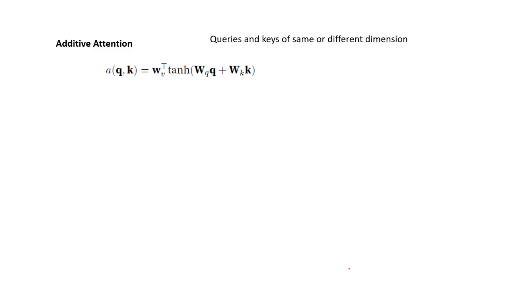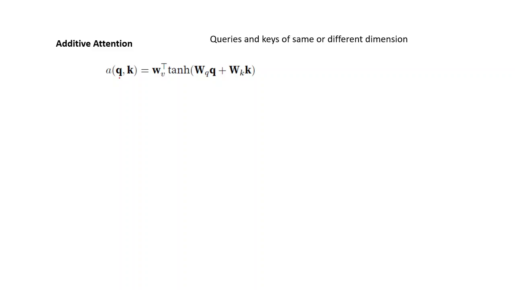Now let us move into the attention scoring function. Let us learn some important attention scoring functions. The first attention scoring function that we'll be learning is the additive attention. Queries and keys can be of the same vector dimension or different vector dimensions in this case. The equation looks like this.